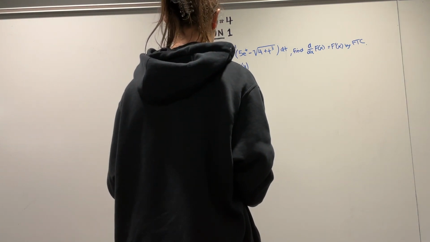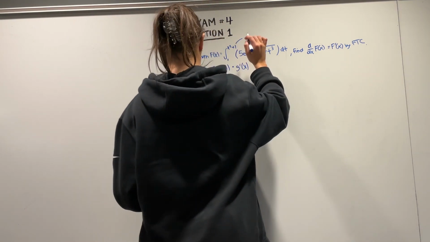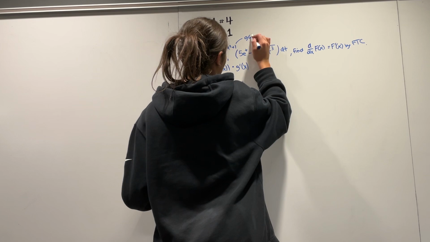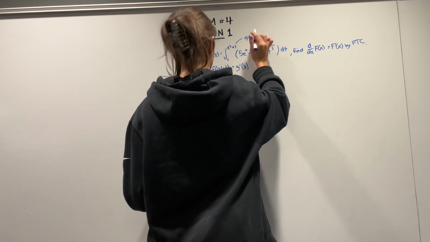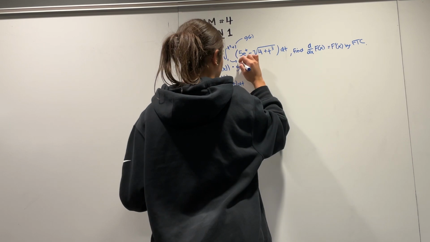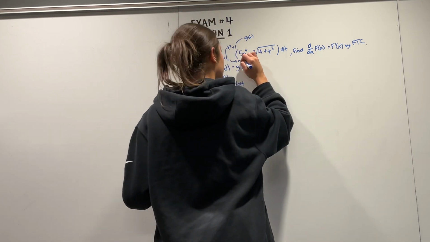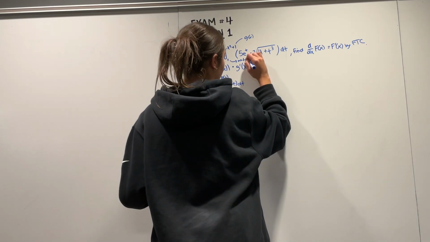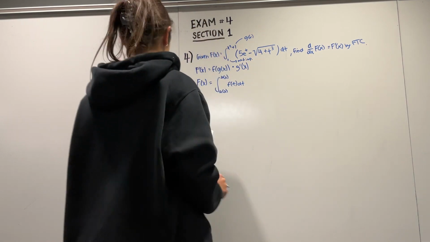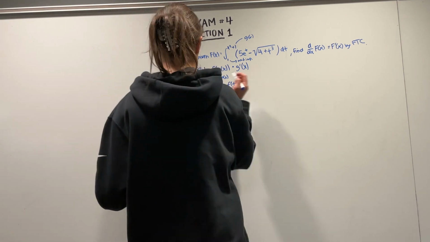So now we know that this is going to be g of t, or g of x, and then this is a constant, so it's not going to contribute to the derivative. So now that we know that, we can reinvent that.